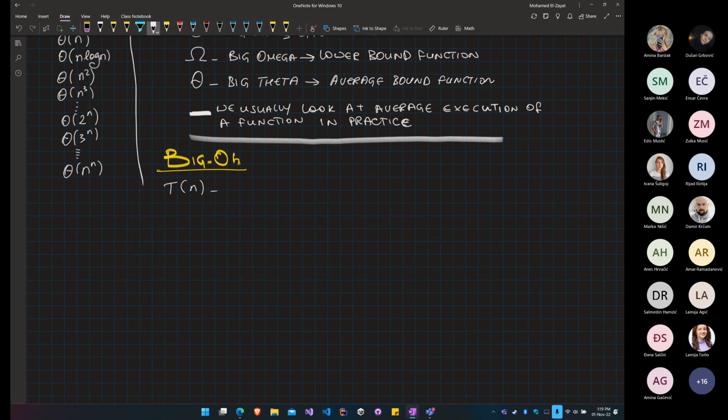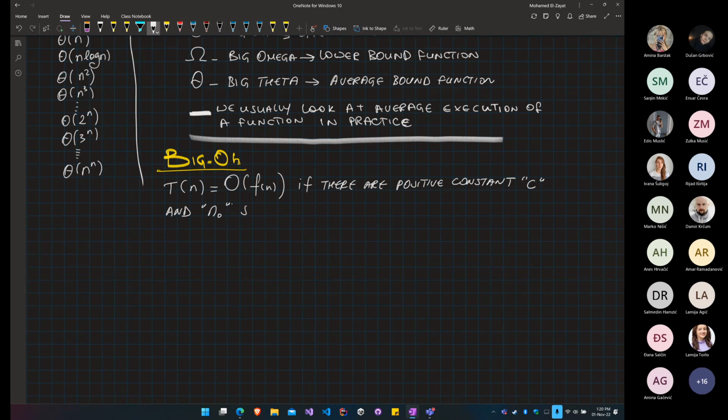If you have a function T of n, it will be a big O f of n as a function of an input, if there are positive constants C and N naught, or N0, whatever you would like to call it.